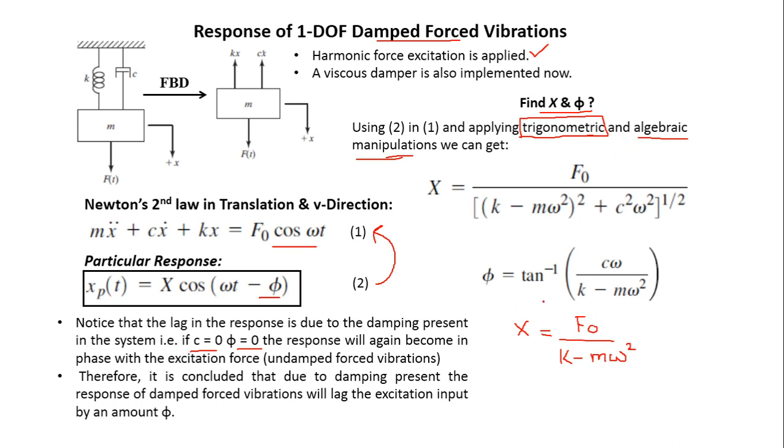So this was the amplitude of forced vibration when the system was undamped, and if you compare this result with this one, you will see that this k minus m omega square again appears in the denominator here. F naught is already there, and there is an additional term appearing here, and this additional term is because of the damping present in the system. So if this C becomes 0, then you can notice that again you are going to get this same result.